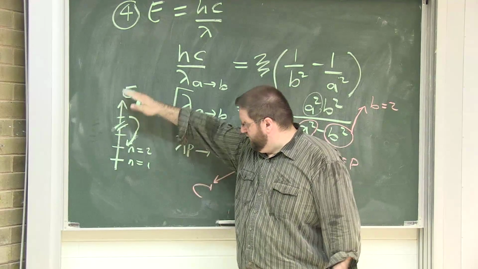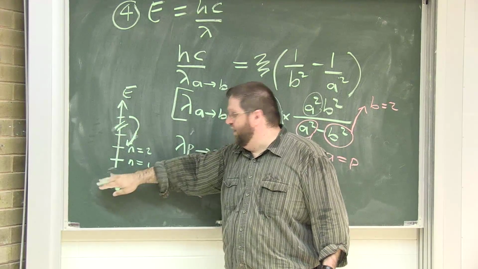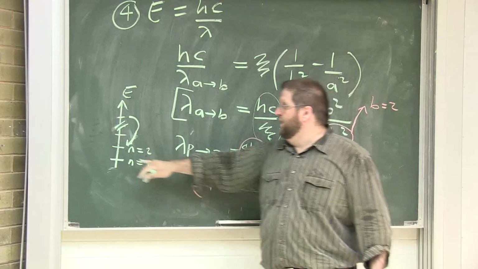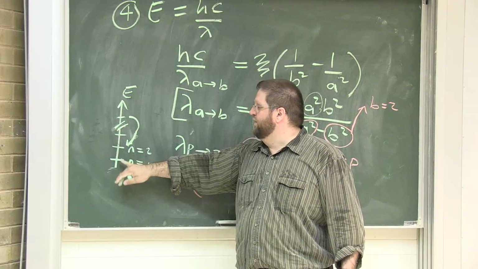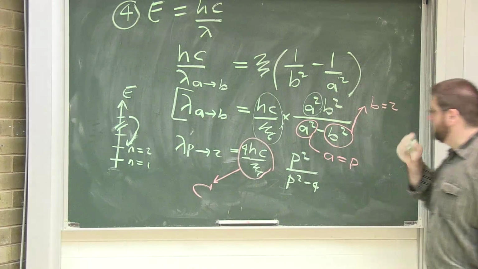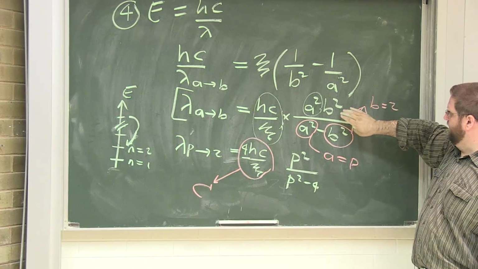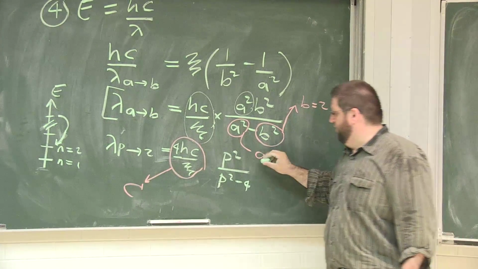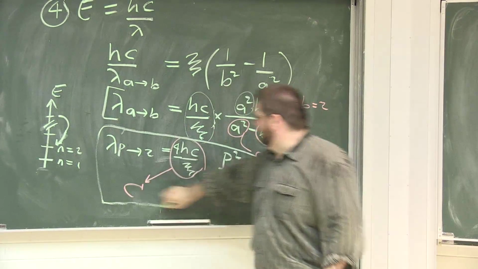So the spectral lines of hydrogen in 1885 were just the visible light ones. This gap is too large in order to give visible light photons. We have the more general formula given by this expression here, but the formula for Balmer is this.